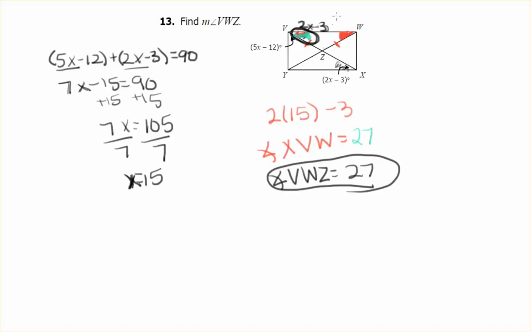So a lot of times with these problems, what you have to do is kind of see a pattern or see a relationship, kind of how you can relate things together. So for this one, you have to be able to see that to set up some type of an equation you could make alternate interior angles.